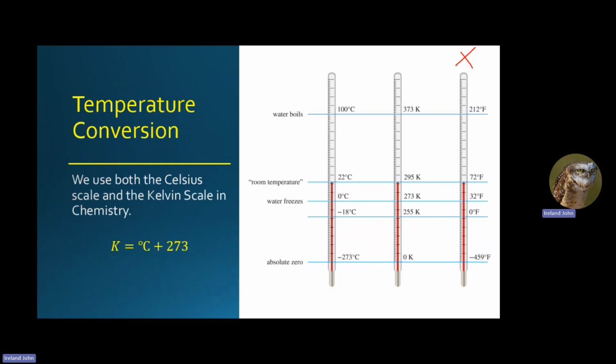Celsius scale, a little bit better. 0 on the Celsius scale is the freezing point of pure water. 100 degrees on the Celsius scale is where water boils. That's 212 on the Fahrenheit scale. Anybody got a clue as to what 100 degrees on the Fahrenheit scale means? Now remember, they didn't have the best thermometers when they developed this idea.